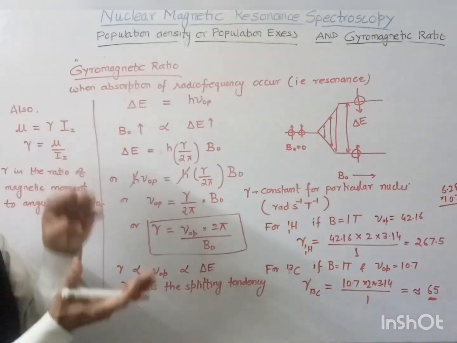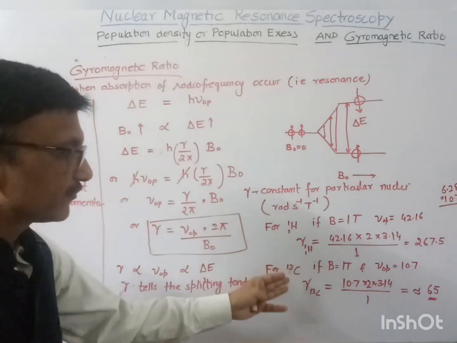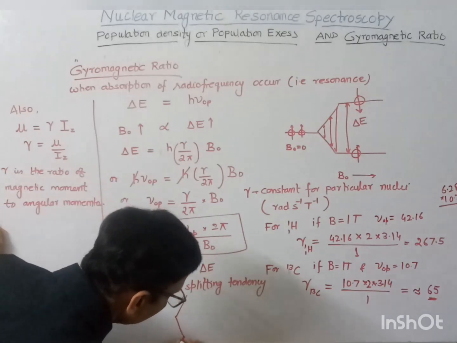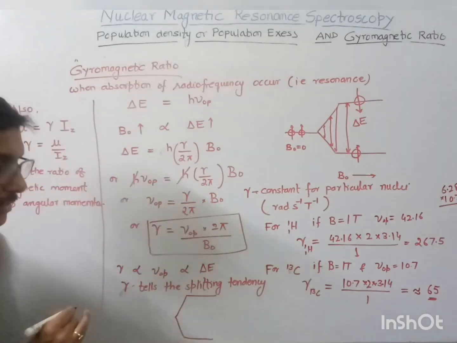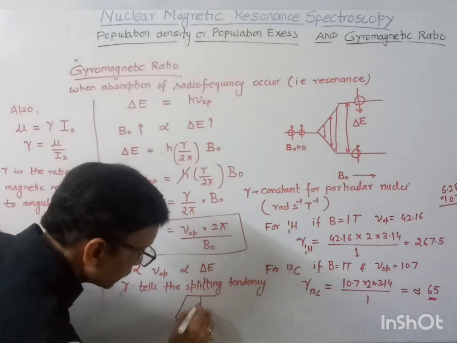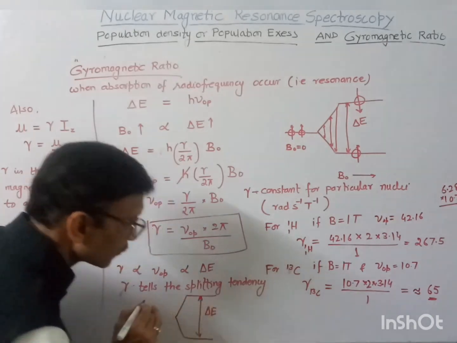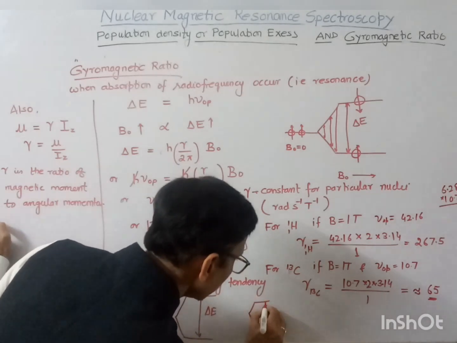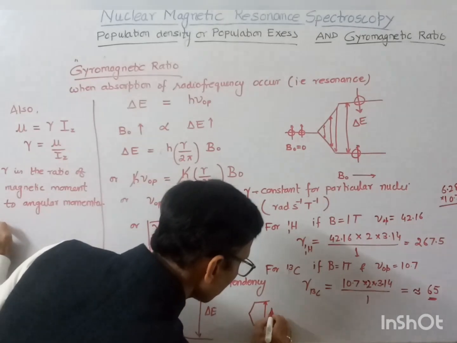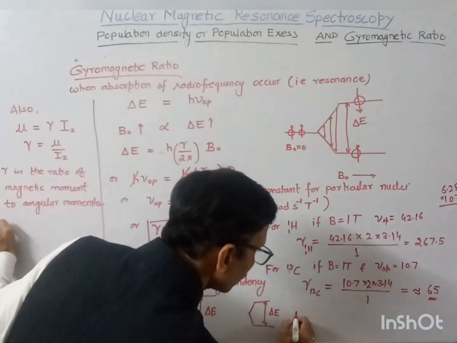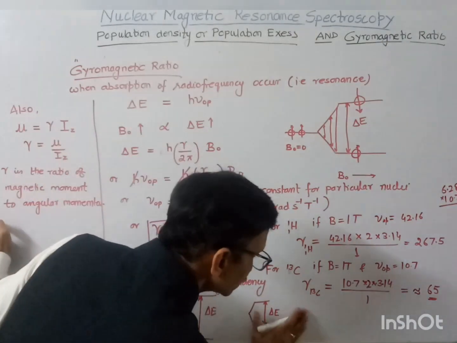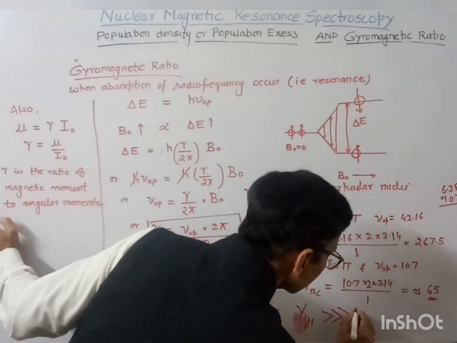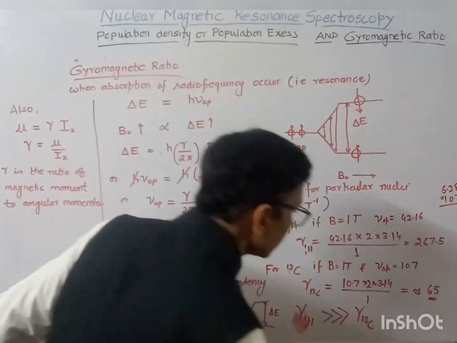If we compare the proton and carbon 13, the splitting is like this for proton, and for carbon 13 the splitting would be smaller, like this. So gamma for 1H1 is much higher than gamma for 13C.